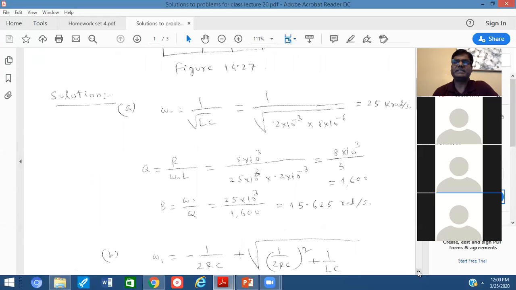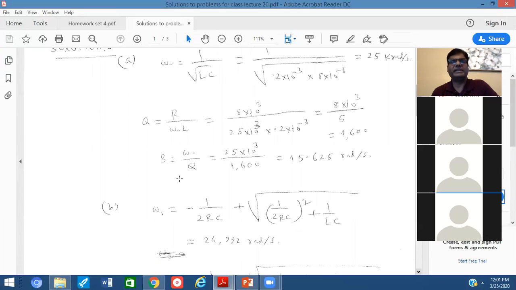And next I am calculating Q. Q equal to R over omega naught L. And then I'm substituting the values of R, omega naught just calculated previously, and L. That gives me Q value 1600. And next I'm calculating bandwidth B equal to omega naught over Q, and that gives me 15.625 radian per second.